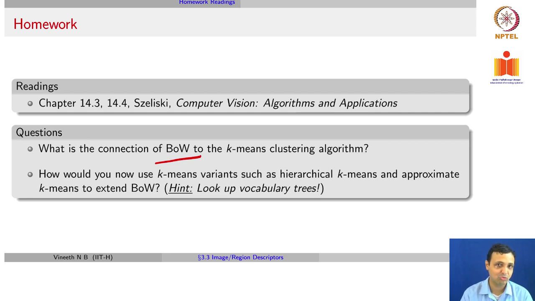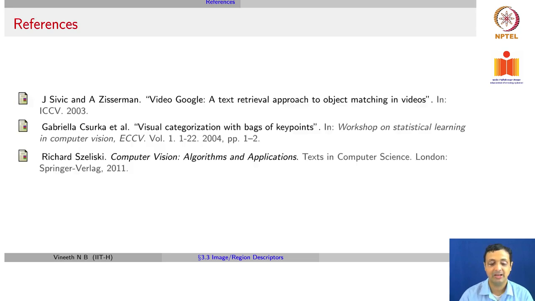Assuming you understood that bag of words is connected to k-means clustering, how are extensions of k-means clustering, such as hierarchical k-means clustering or approximate k-means clustering, relevant for the bag of words problem? Your hint here is to look up what are known as vocabulary trees. And here are some references for this lecture.